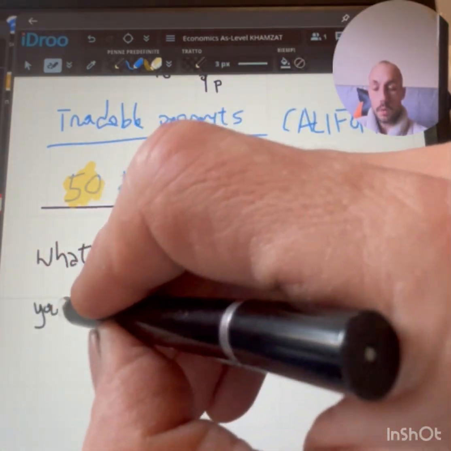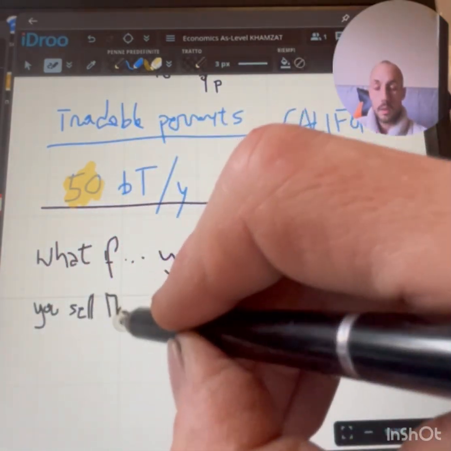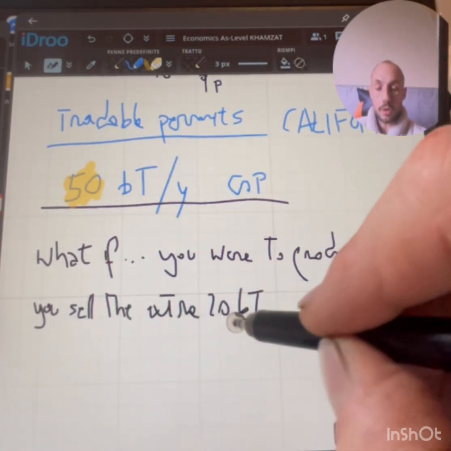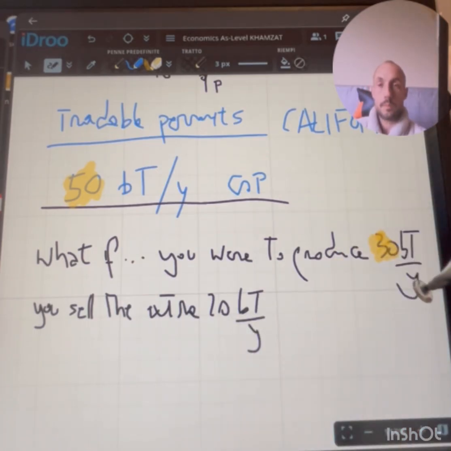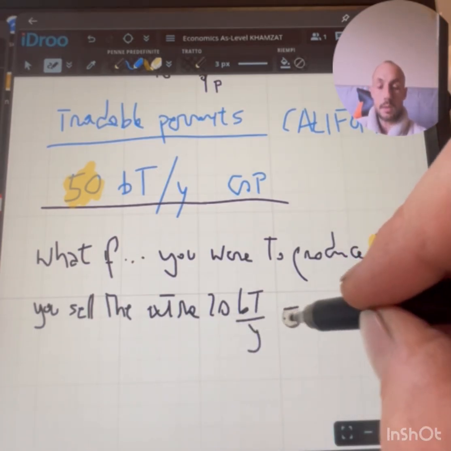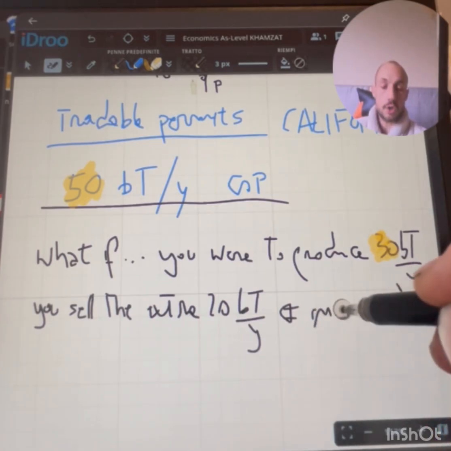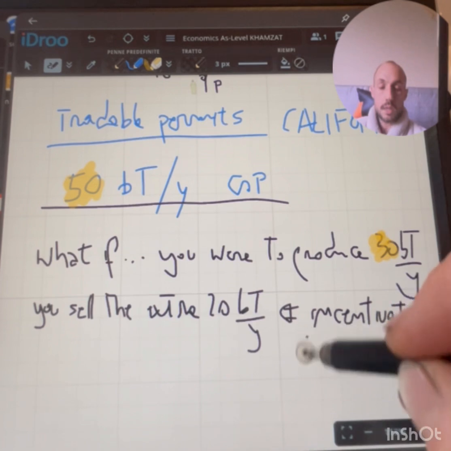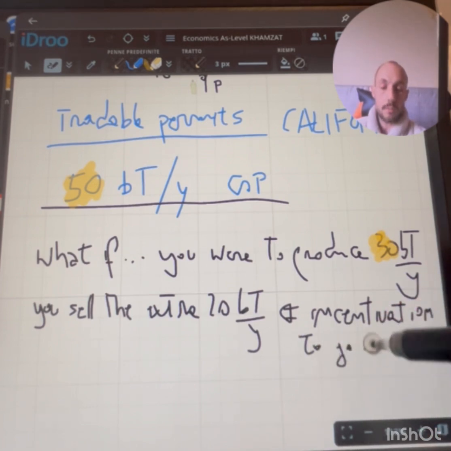You sell the extra 20 billion tons per year. And this is an incentive to go green. And how else is this motivation, let's say, acting?